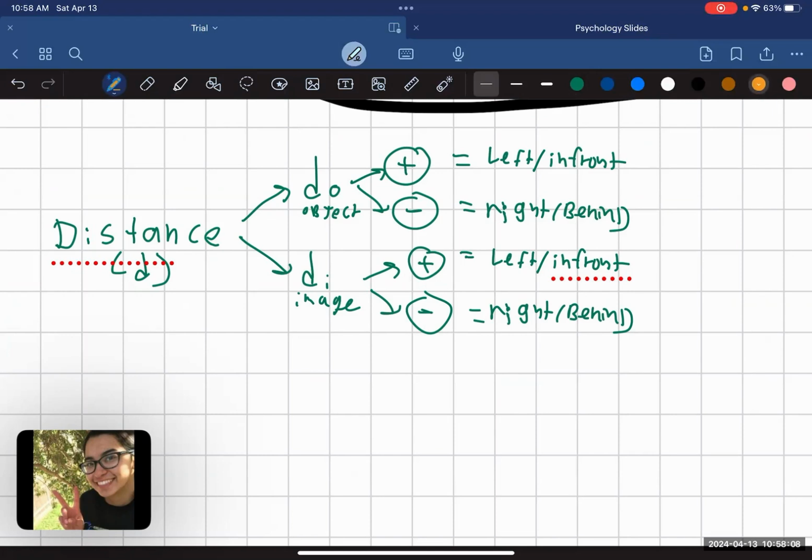Also note that she's not gonna be mean and give you this, because that would mean it's a virtual image or a virtual object. So it's theoretically possible, but she's not going to give it to you.